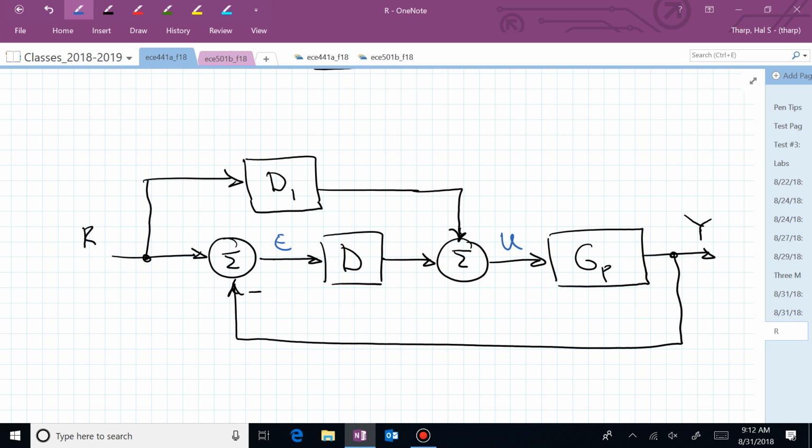Although they look the same, they're all capitalized. These labels on the systems or subsystems and the signals are different, and you need to make sure that you're clear on that. G sub P is a system, a subsystem. U is a signal. We have signals and systems, and you have to make sure that you're keeping all of those straight.